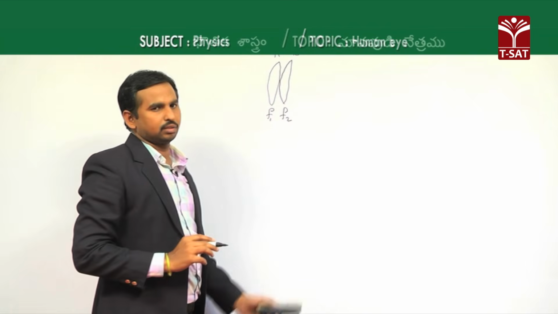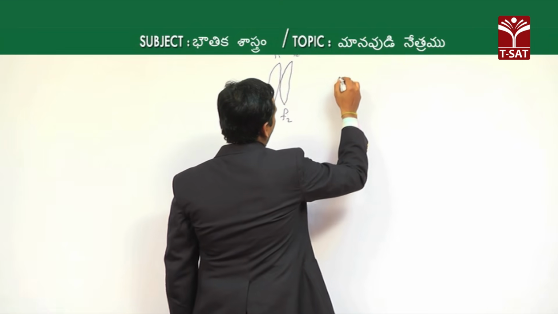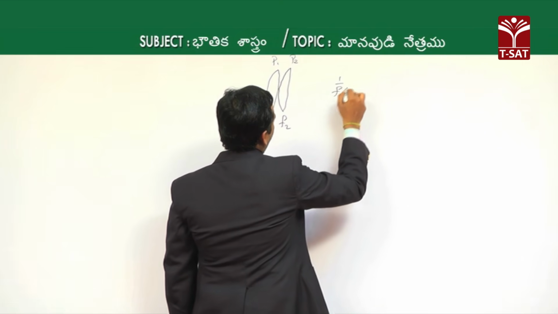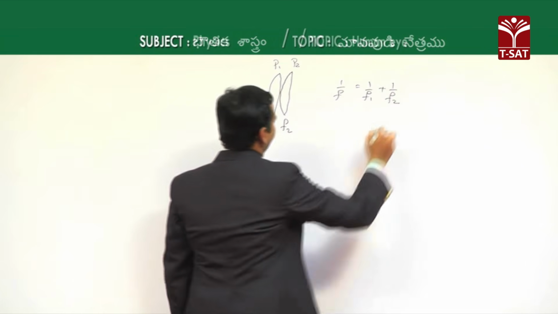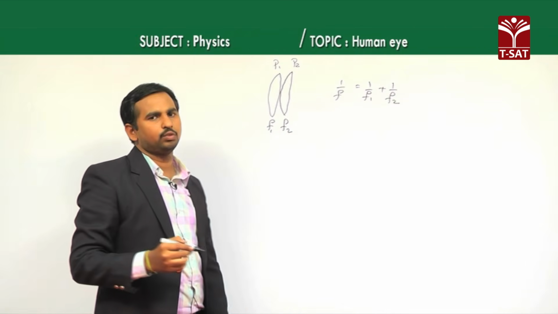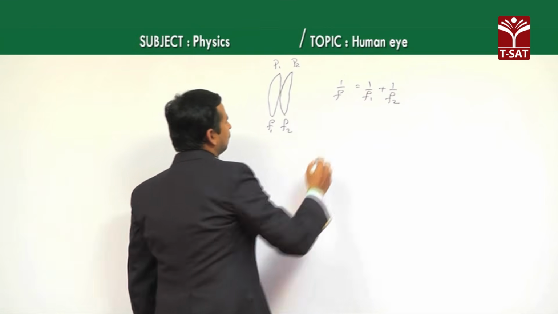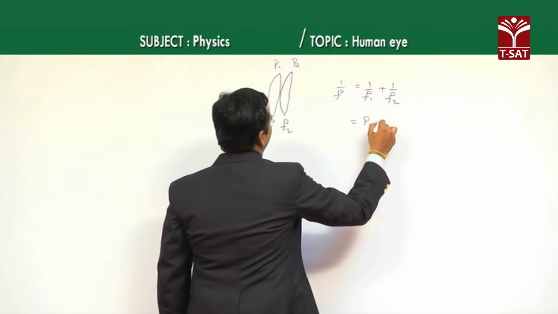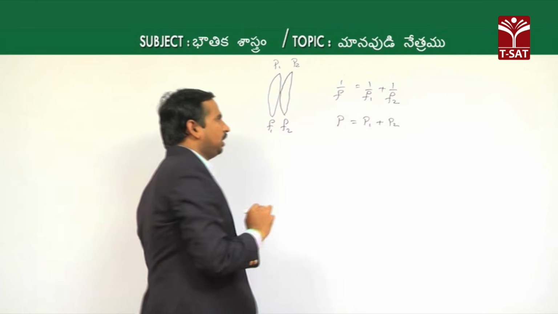In this case, the final focal length f is given by 1 by f equal to 1 by f1 plus 1 by f2, that is the resultant focal length. And we know that 1 by f1 is nothing but p1, the power, and 1 by f2 is nothing but p2. Then this is the final power.